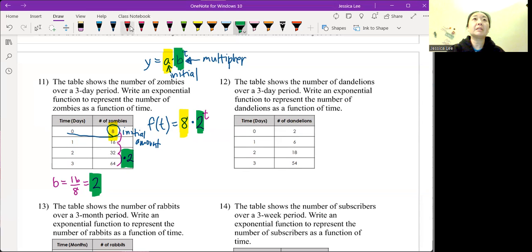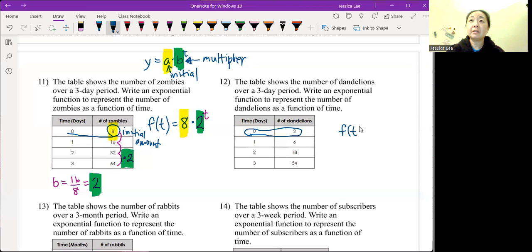This time we're talking about dandelions. So something a little less dangerous, although maybe just as equally annoying. Again, we have dandelions over a 3-day period, and we're going to represent this as a function of time. For the initial amount, oh look, we have the 0 days, so at the initial time we start out with 2 dandelions.